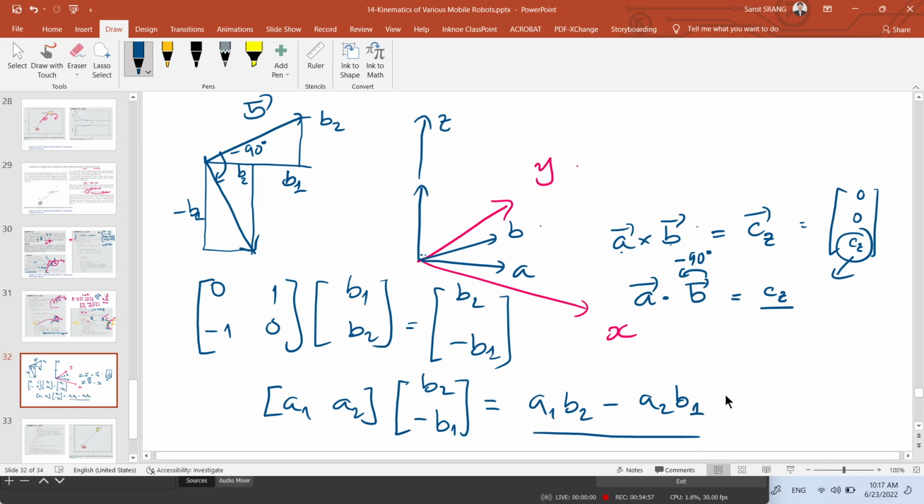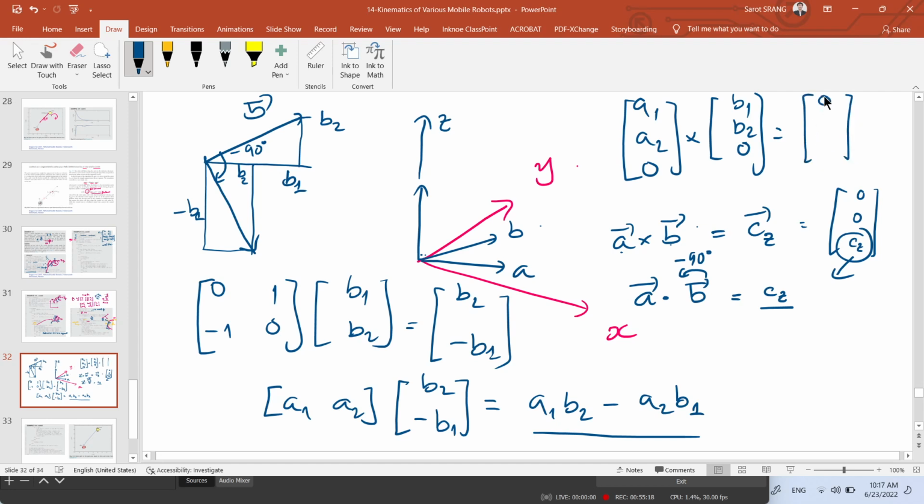You see, this is the third component of the cross product of A and B. You have [A1, A2, 0] cross product with [B1, B2, 0]. When I compute the cross product, I get 0, 0 here, and here I get A1 B2 minus A2 B1, right? So this is the same as this.